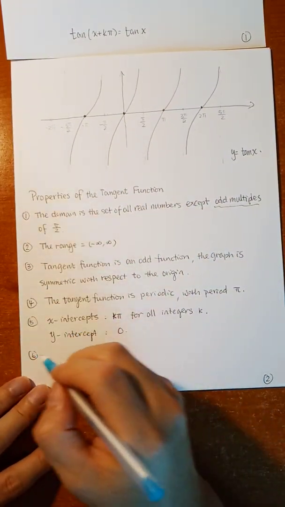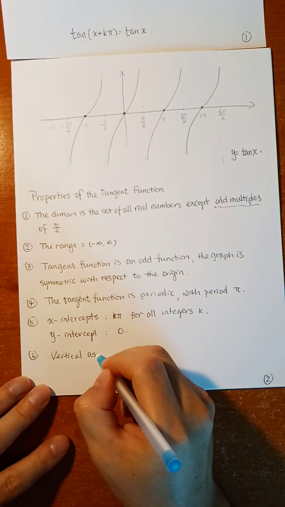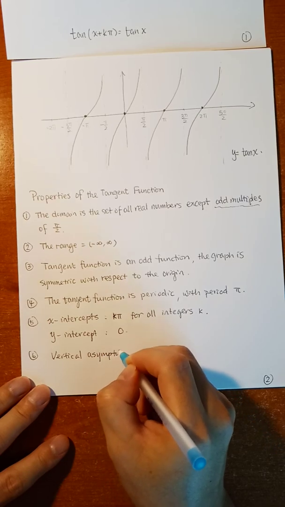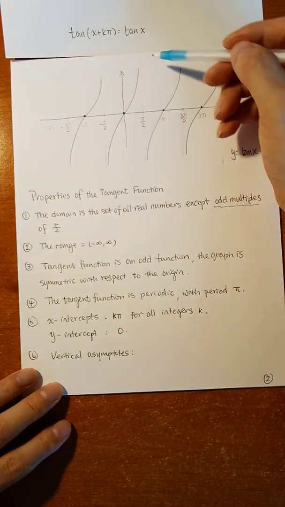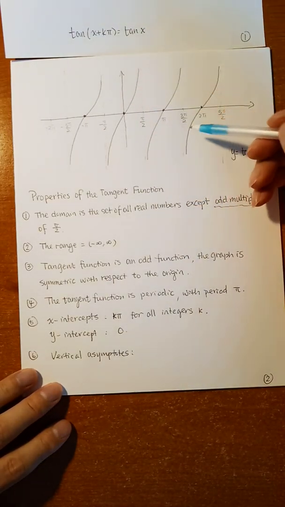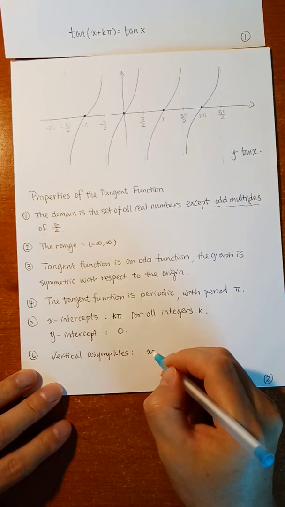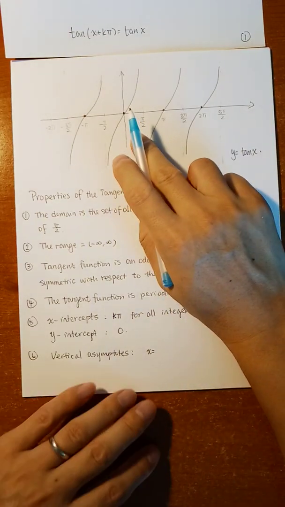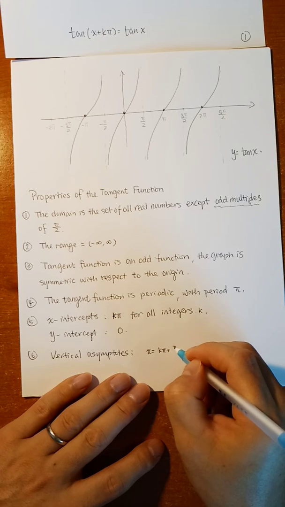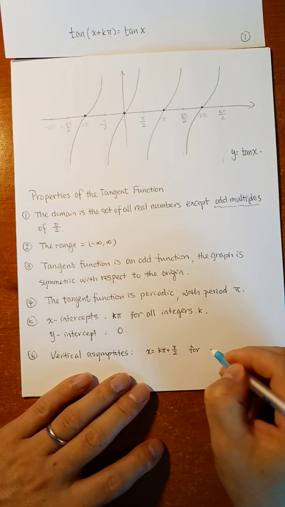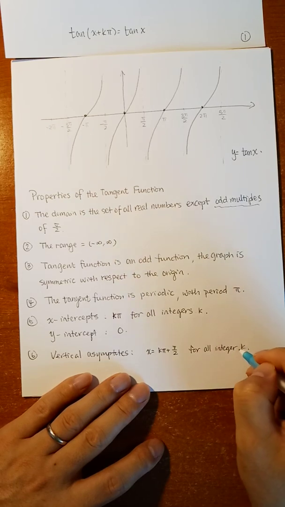Six. The vertical asymptotes. The graph of the tangent function has infinitely many vertical asymptotes. Their x is, you see, always k pi plus pi over 2, for all integers k.